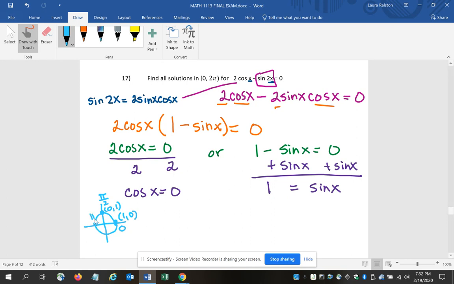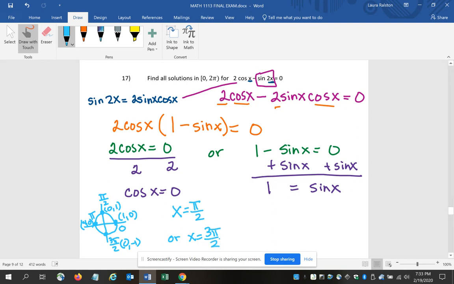At pi, we have the value negative 1, 0. And then at 3 pi halves, we have 0, negative 1. So if I think about it, the cosine is 0 whenever x equals pi halves, or x equals 3 pi halves.